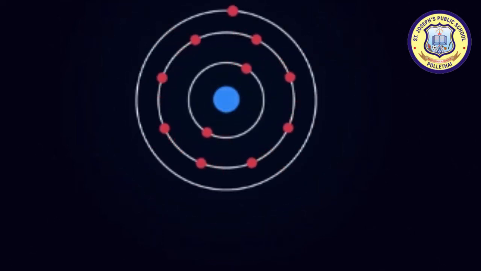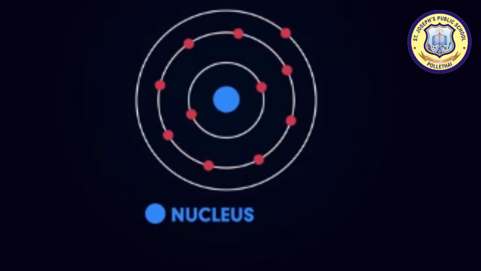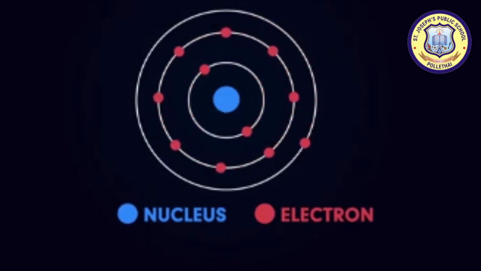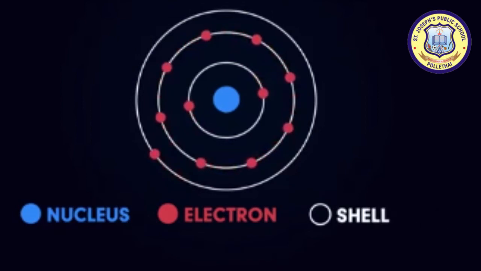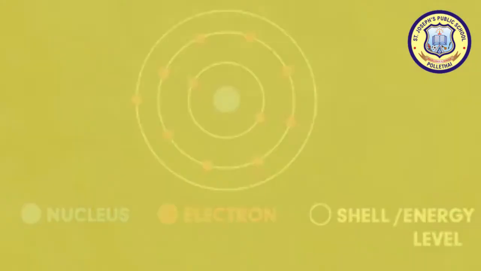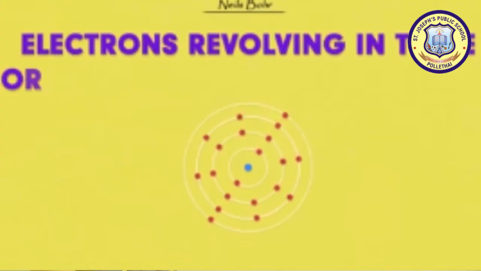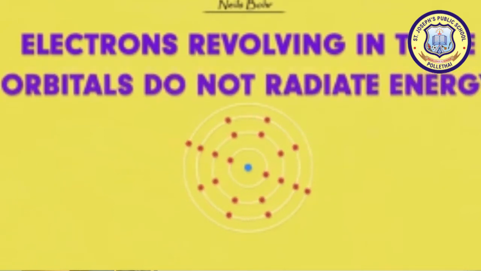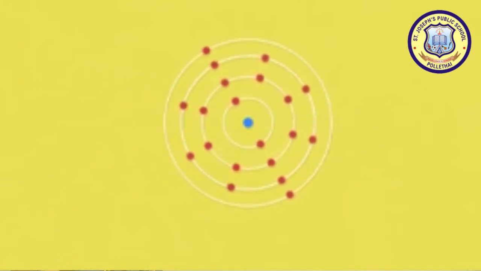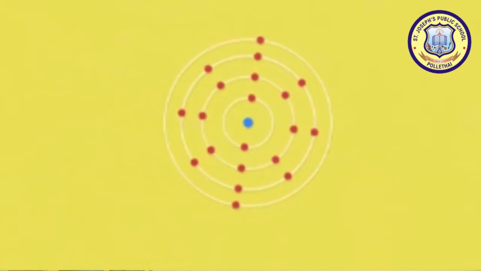Because they are revolving in fixed paths, fixed orbits. Like that, electrons are revolving around the nucleus in fixed energy levels, orbits or shells. Whenever electrons are revolving through these shells, they will not radiate energy. That postulate could explain the stability of atom.